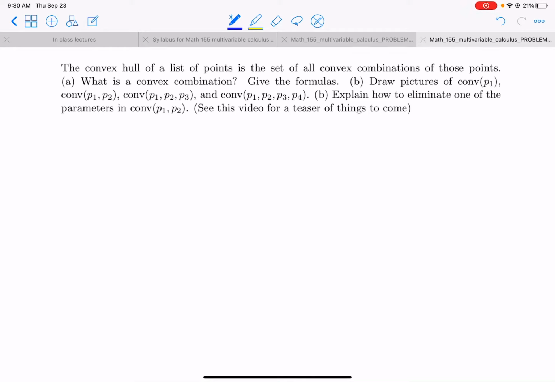Okay, hello everybody. So the convex hull of a list of points is the set of all convex combinations of those points. Okay, so A, what is a convex combination? Give the formulas.